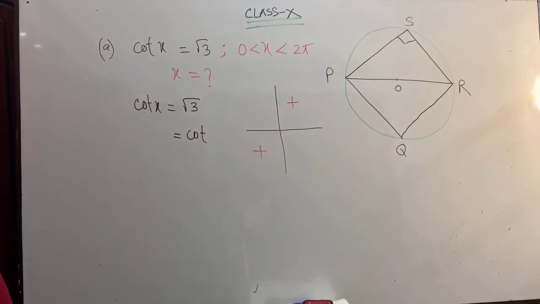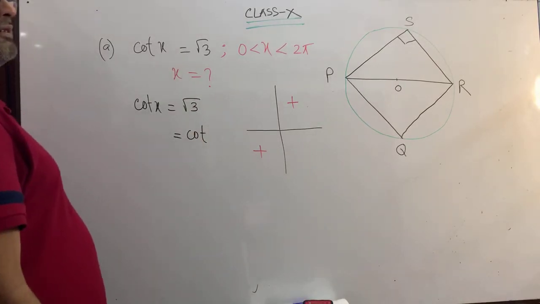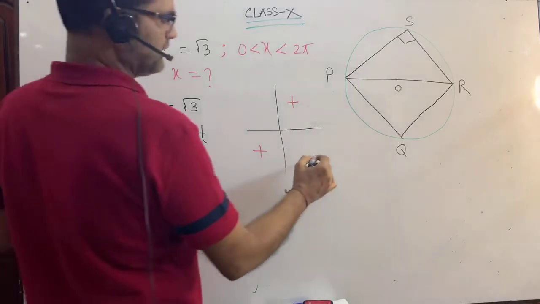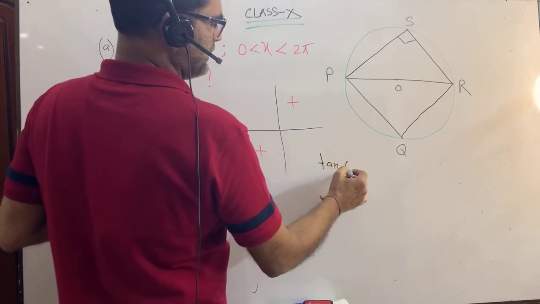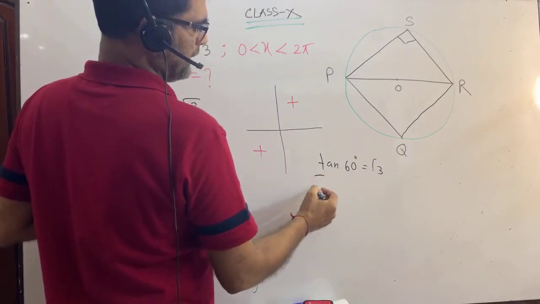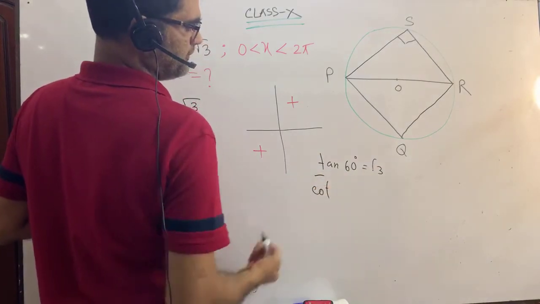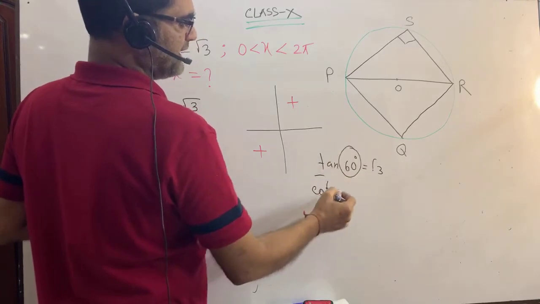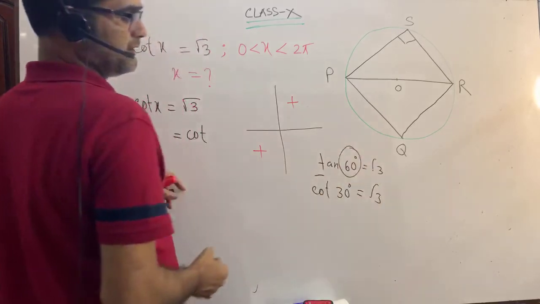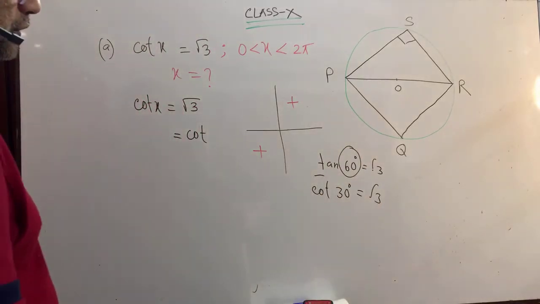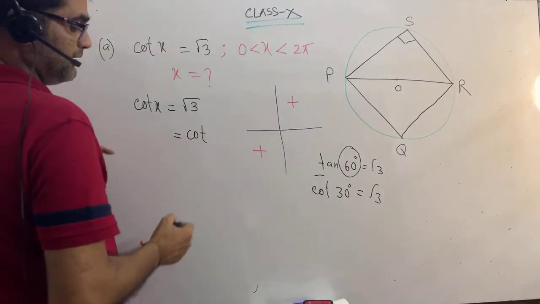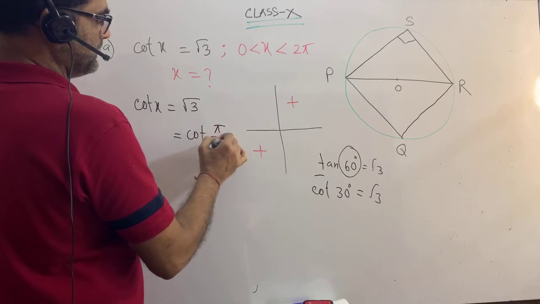Tan 60 degree equals root over 3. So if I take cotangent, 60's complementary angle is 30 degree, then cot 30 is also root over 3. 30 degree means what? Pi by 6. So we can write here pi by 6.